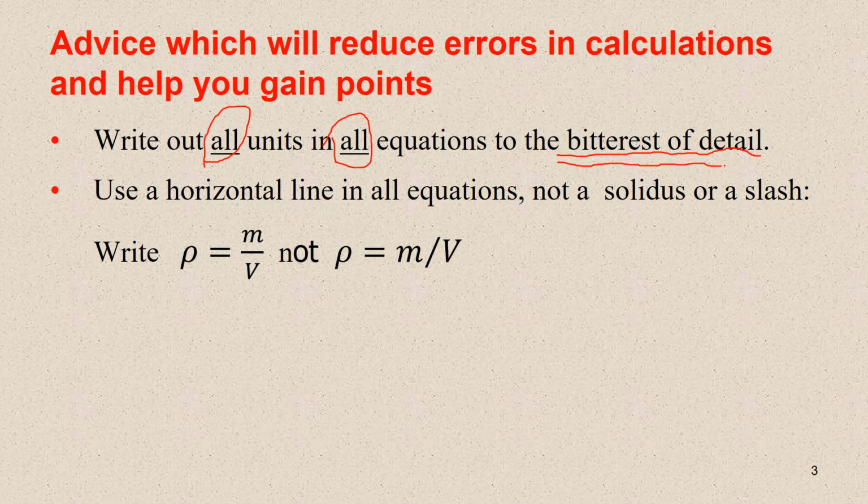And also it is a good practice to use a horizontal line when you are using the numerator and denominator of fractions, so that you don't miss. As you can see, use the first form that you see over here in this example, not the second form with a slanted slash between the numerator and the denominator.